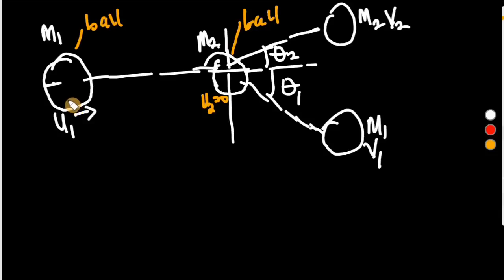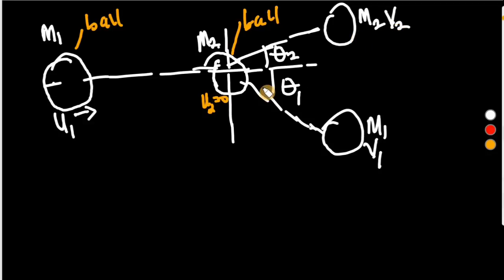As ball 1 moves and hits ball 2, ball 2 moves at this angle theta 2 in this direction, while ball 1 moves at this angle in this direction. So v1 is the final velocity of ball 1 and v2 is the final velocity of ball 2.